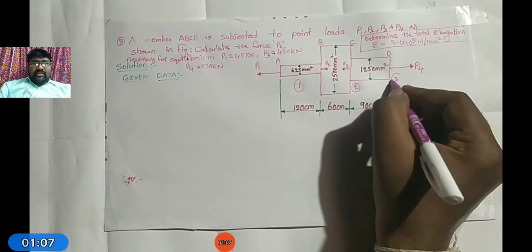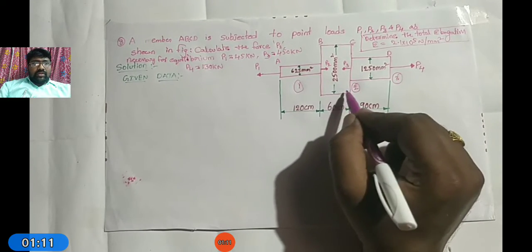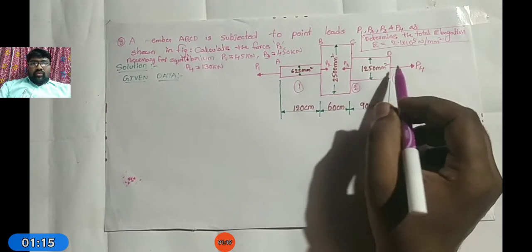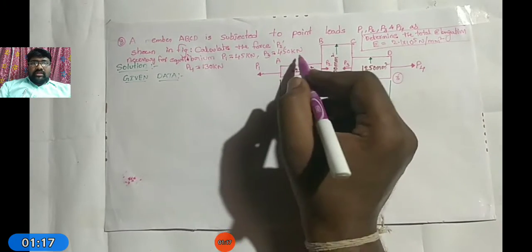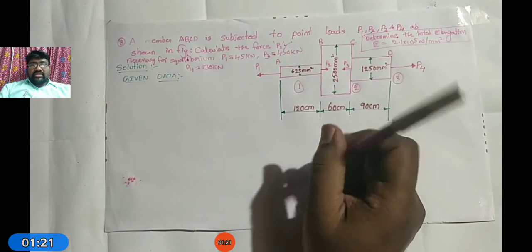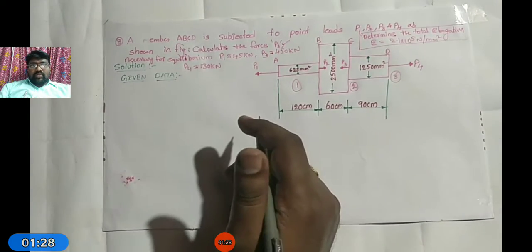Now I am considering sections 1, 2, 3, calculating the force P2, the forces acting on the individual sections and the strain in the material, as usual in the previous problem.